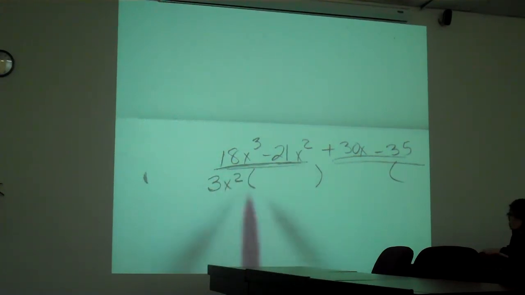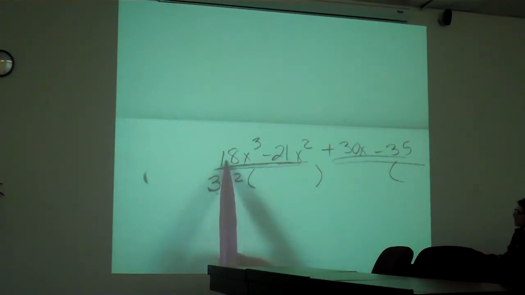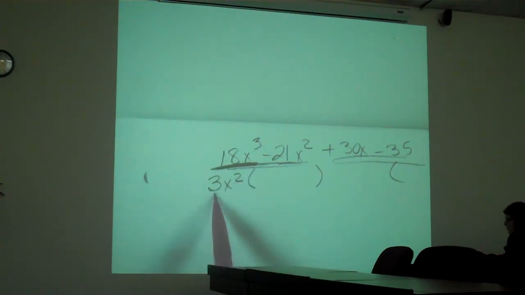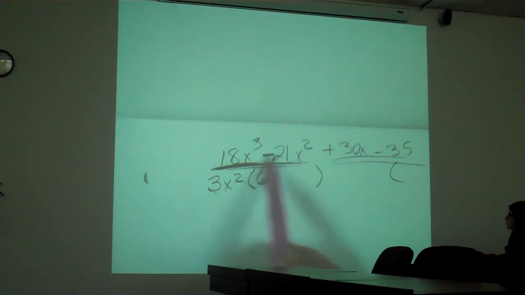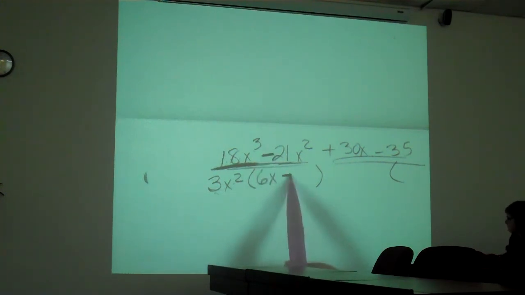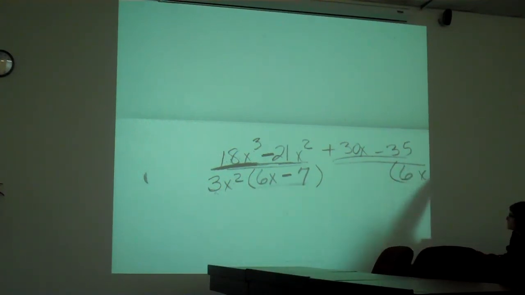Okay, the first two have a 3x squared in common, right? These both divide by 3, x squared is the smallest. How are you going to get the first term? 6 and an x. This gives you 18x cubed. Okay, to get the second term, minus 7, right? Write this over here, 6x minus 7.